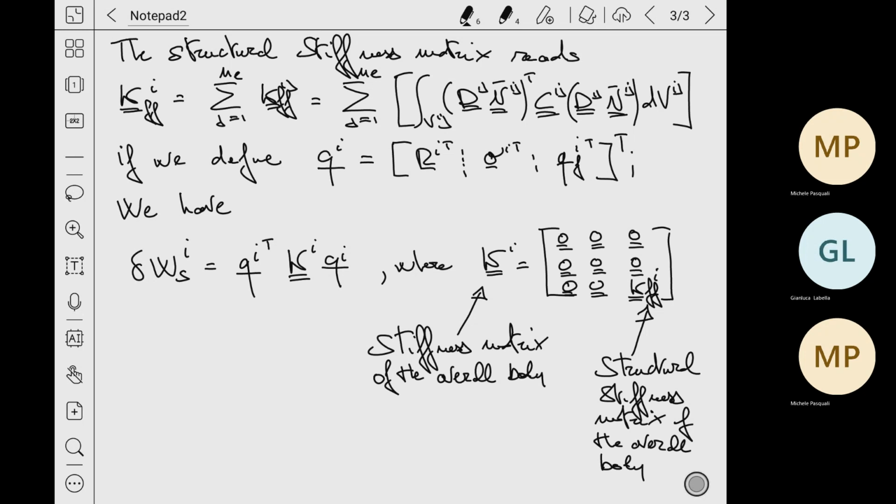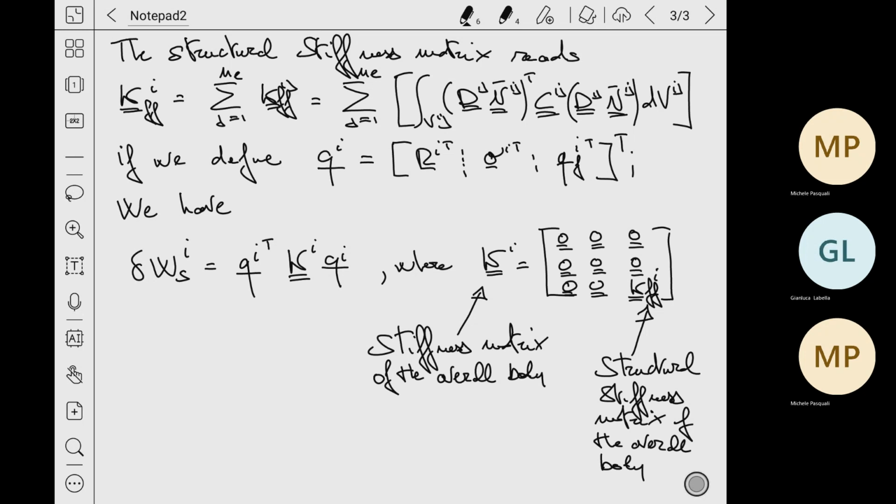The stiffness matrix of the overall body takes into account all of the Lagrangian coordinates, also the ones associated to rigid motion, to which, of course, no deformation by definition is associated, and so no storing of elastic energy is associated, and therefore you can see that you have a singular matrix. Yeah? So the structural stiffness matrix is never singular.